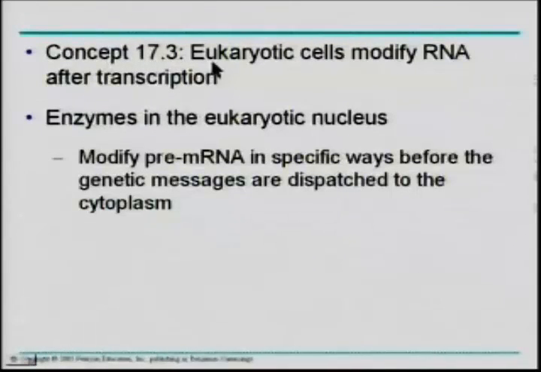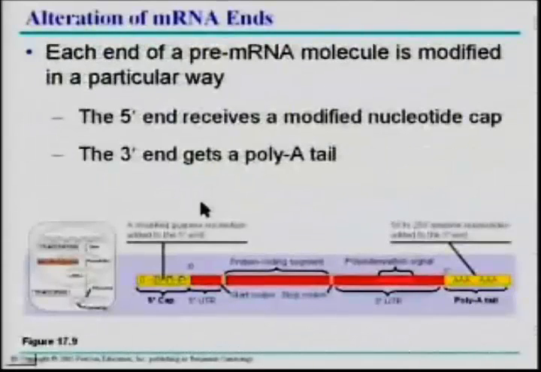Concept 7.3, eukaryote cells modify RNA after transcription. Enzymes in the eukaryotic nucleus modify pre-mRNA in specific ways before the genetic messages are dispatched to the cytoplasm.